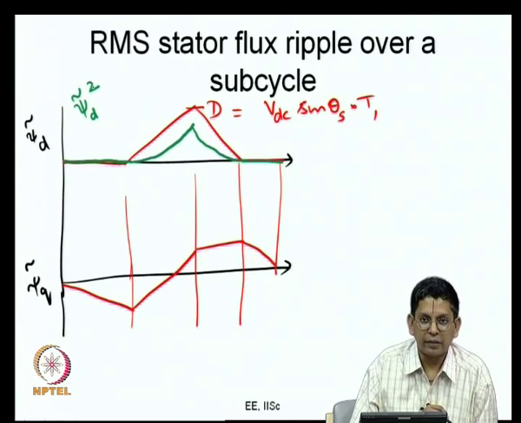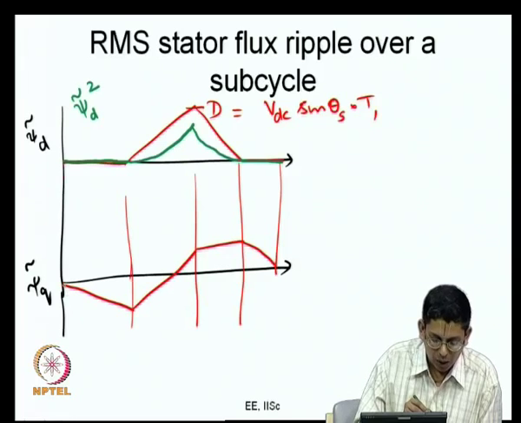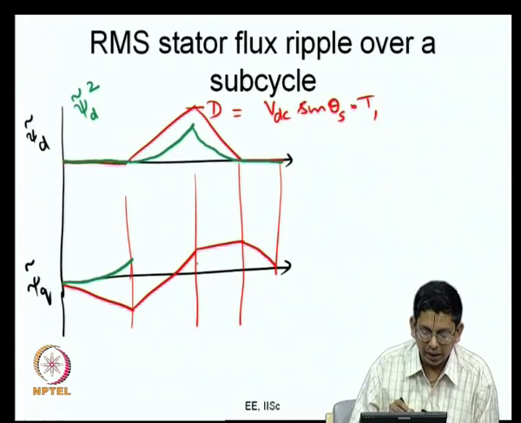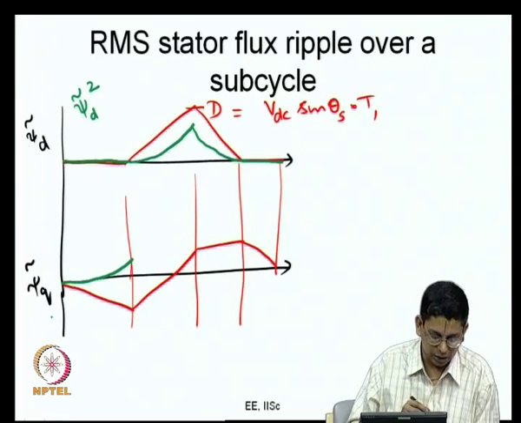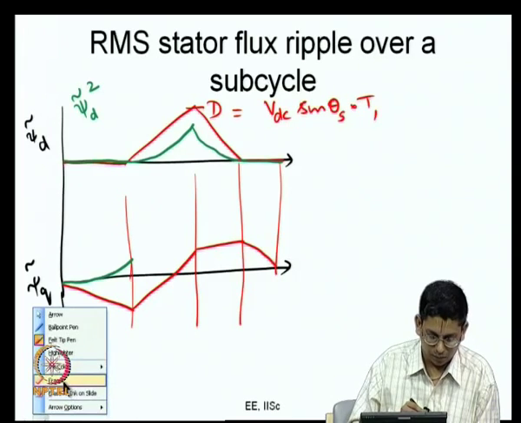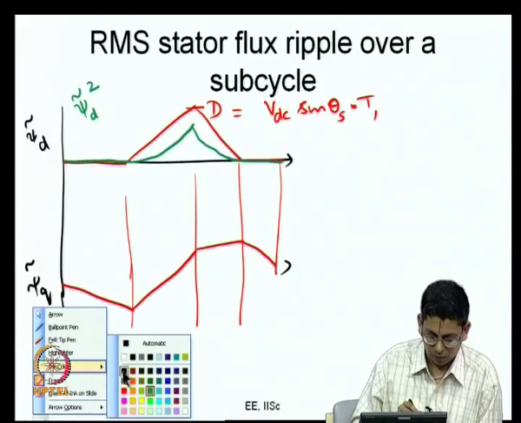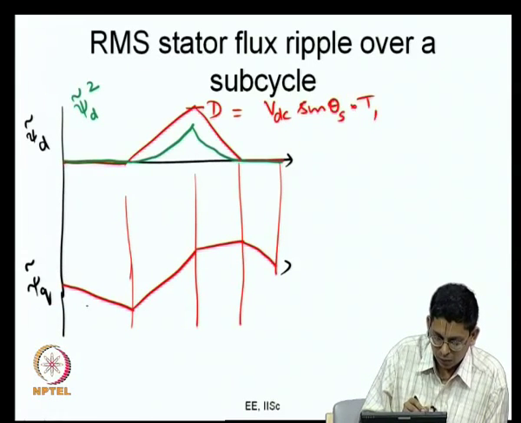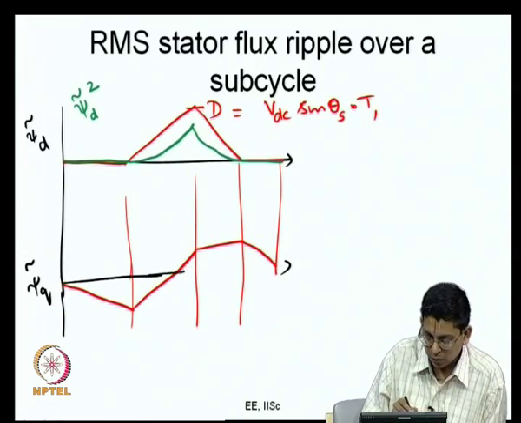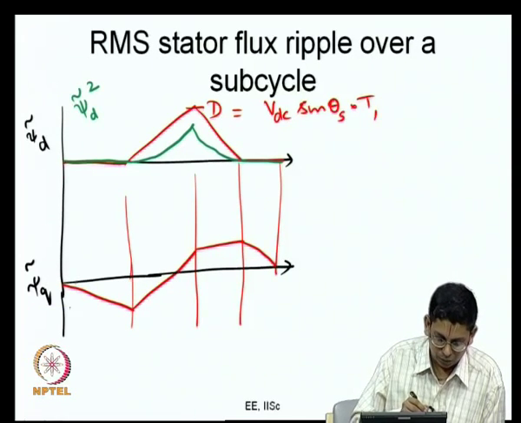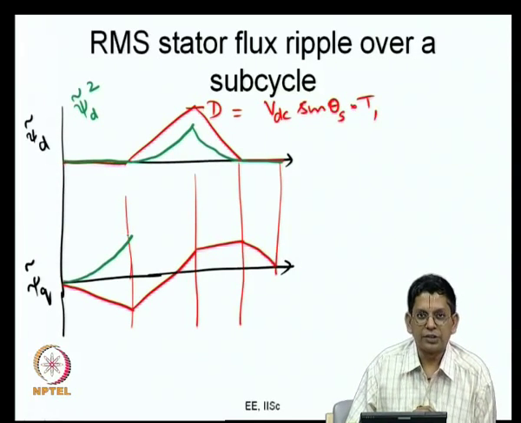Alright. Next, I am going to consider psi q tilde squared. If I square this, I am going to get a parabola like this. If I square this, I will once again get a parabola. Let me just draw this a little better. I will square this, I will get a parabola like this.